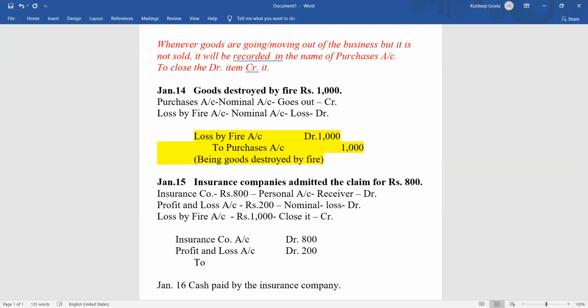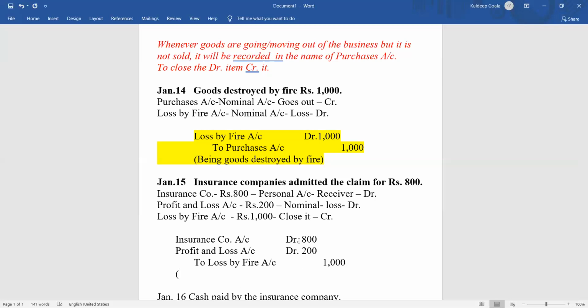To loss by fire account. Okay, then the narration will be like this: being insurance company admitted the claim.